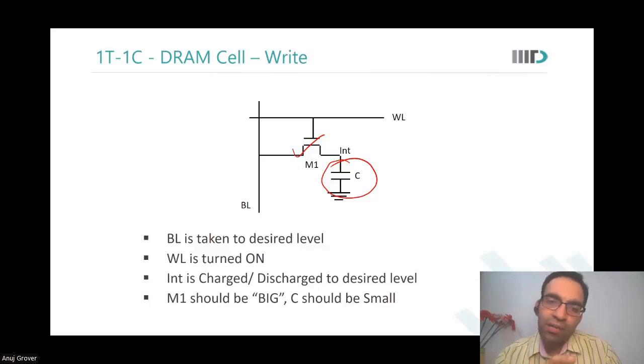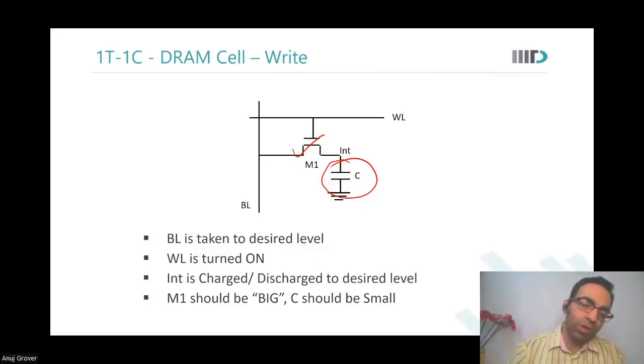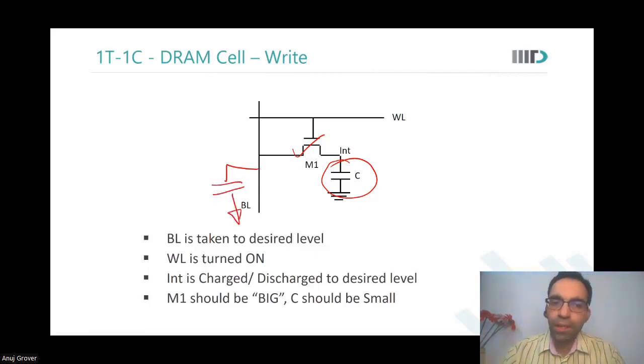And do you realize that when I turn the word line on, there is actually charge sharing that is happening between BL and INT? Because in reality, BL is also a capacitor. So if this C is very large, then what happens?